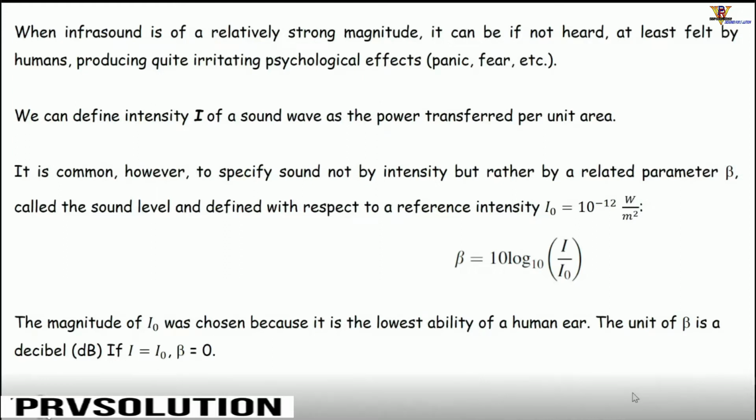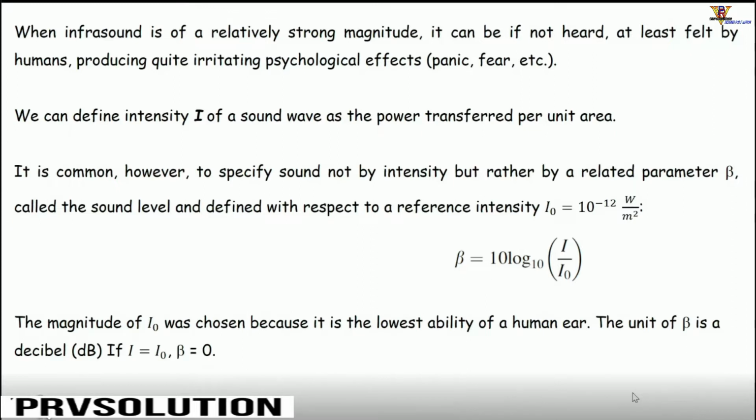With this, we can measure the intensity of sound, and say this much sound is produced by this source. We can detect it, and we can design a sensor like that.